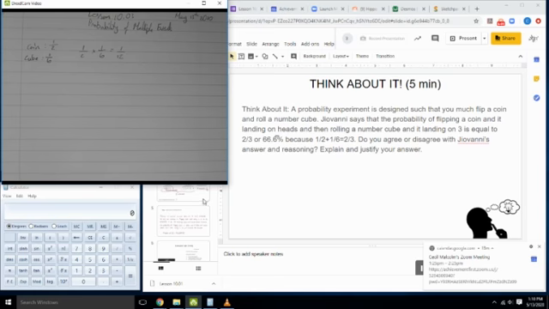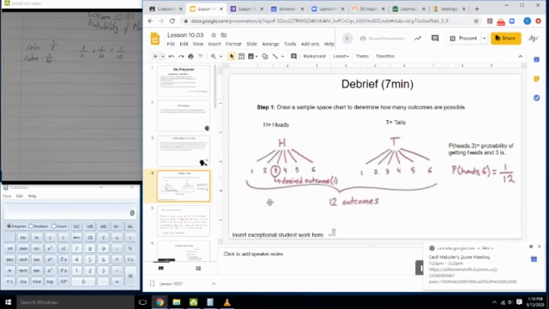Okay, now I'll show you a diagram of how you could calculate the different outcomes. Now, to calculate the different outcomes, you would basically set up both of them. So for heads, you could have a heads with a 1, a heads with 2, heads with a 3, etc. You could have for tails, you could have tails with a 1, a 2, a 3, 4, etc. When you do all of this, when you add up all of the different outcomes that you could get, you end up with 12 outcomes.